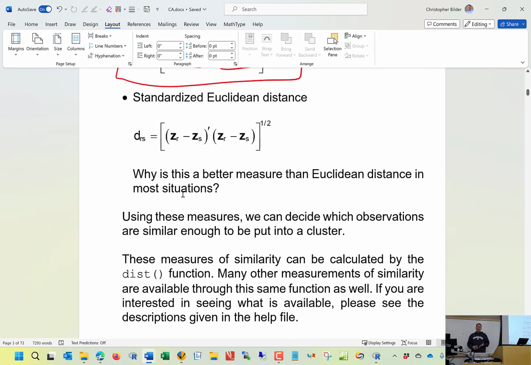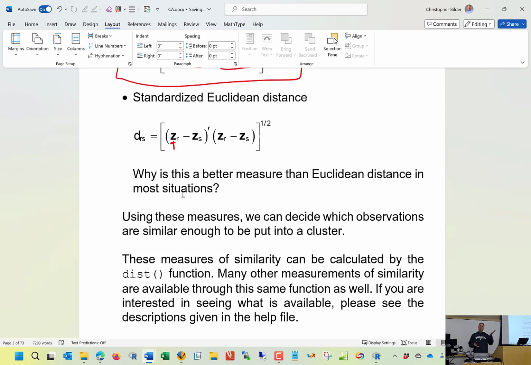We could also look at the standardized Euclidean distance, where now we replace the x's with the z's. Why may this be a better measure of similarity or distance than a regular Euclidean distance? What do you think? The scale.